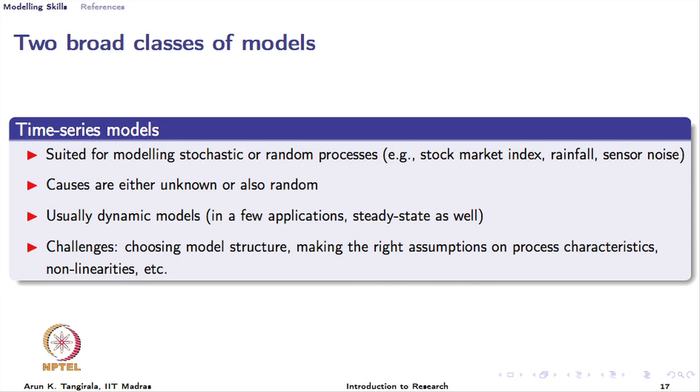That still counts as a time series model in the general literature, primarily because both the temperature and the relative humidity are random in nature. So, we can build what are known as multivariate time series models, but then it is a matter of perspective. You can also call it an input output model.